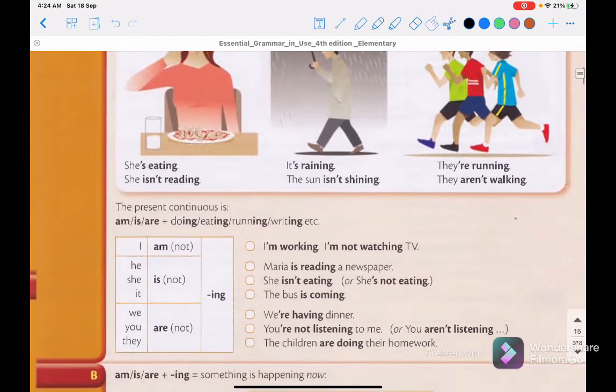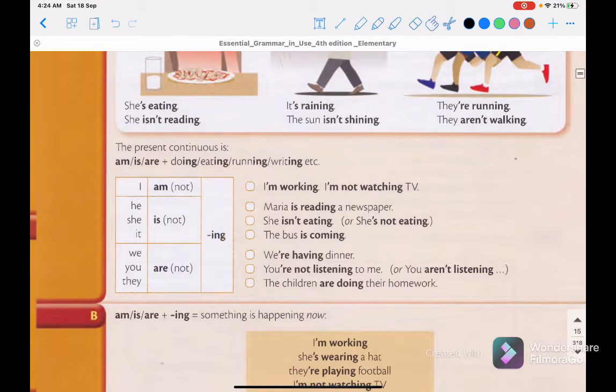So, let's see here. The present continuous tense consists of am, is, are plus verb plus ing. And of course you know that I takes am, he, she, it take is, and we, you, they take are.